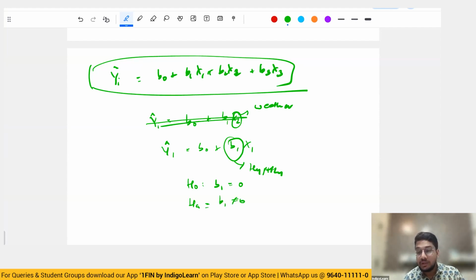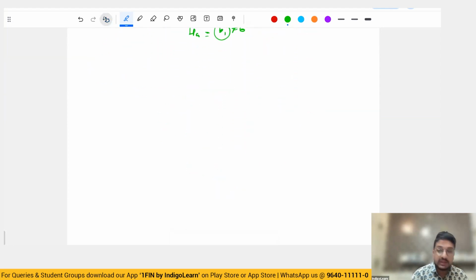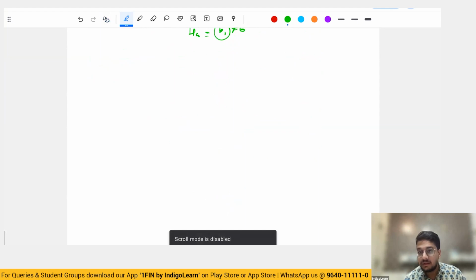And then I do the statistical testing where I try to understand whether my null hypothesis can be rejected or not, and whether this xi variable that I'm talking about is actually significant in the relationship or not. I hope you're able to recall now a bit, right? So that is how we used to do statistical testing at that time.